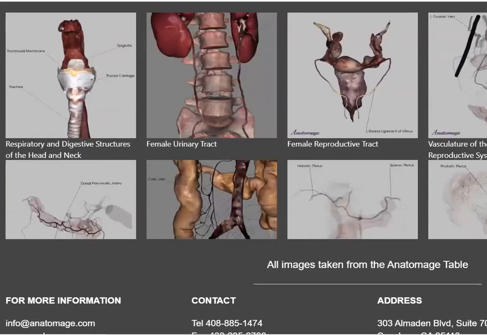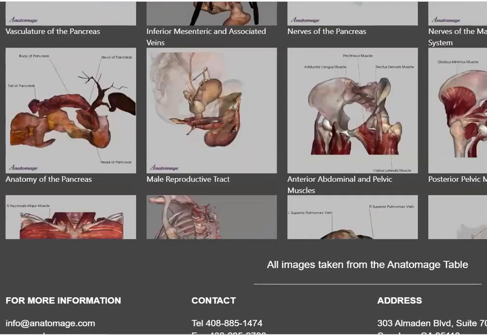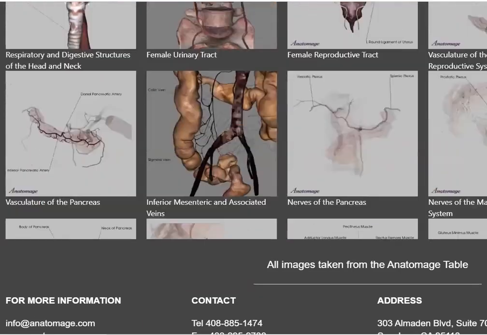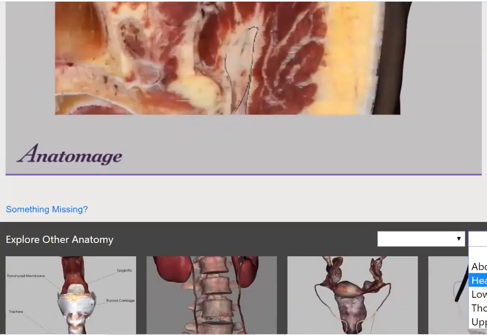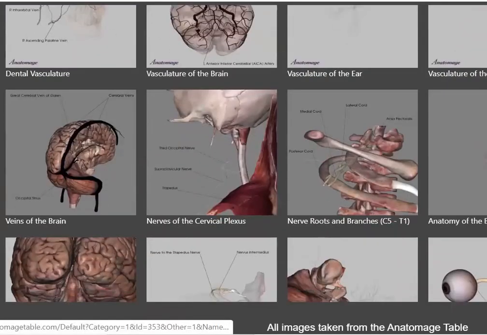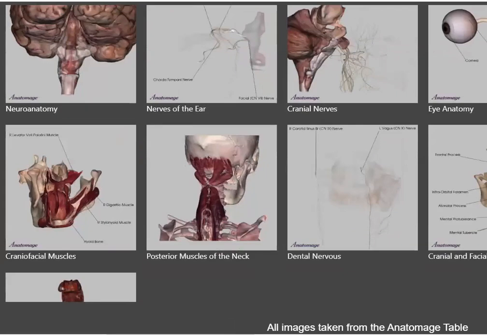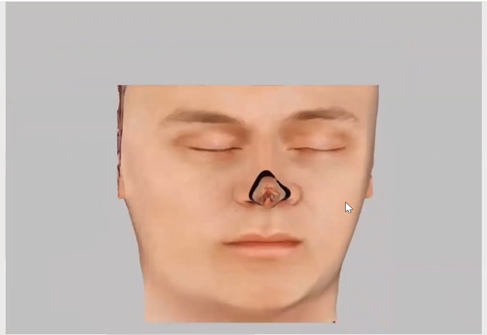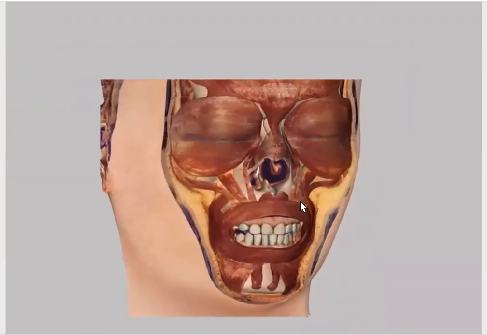So let's talk about some of the craniofacial muscles here lastly. First off, we can see orbicularis oculi, right around the eyes.